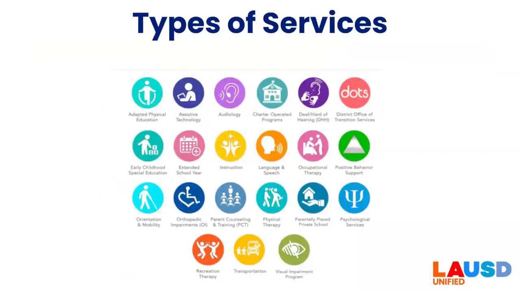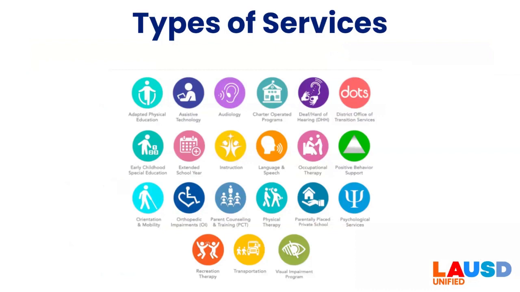These colorful icons are some of the types of services that a student with an IEP may receive. There are a variety of services, including speech and language therapy, psychological services, physical and occupational therapy, and counseling services.